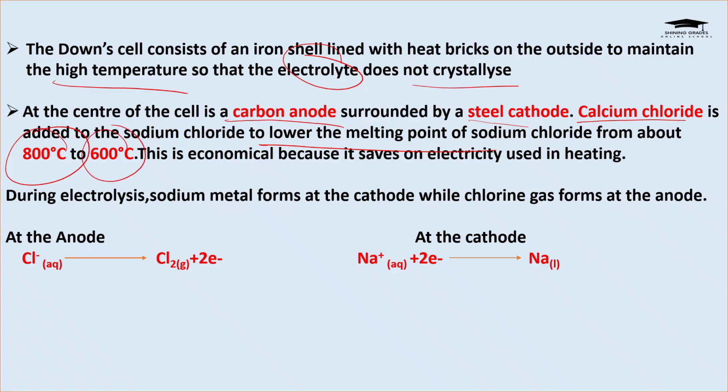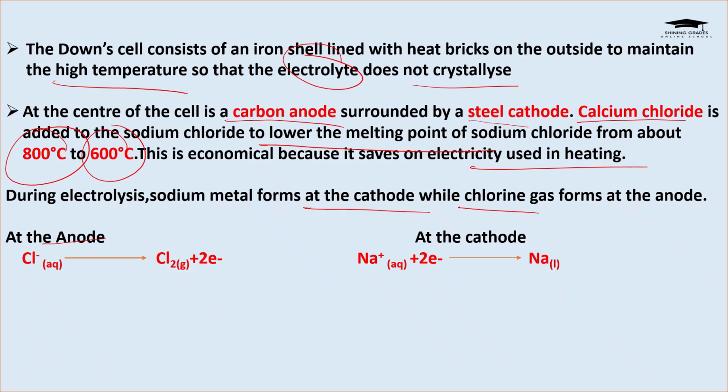And this makes the process economical and saves on electricity used in heating. Learners, during the electrolysis process, sodium metal is formed at the cathode, while chlorine gas is formed at the anode.